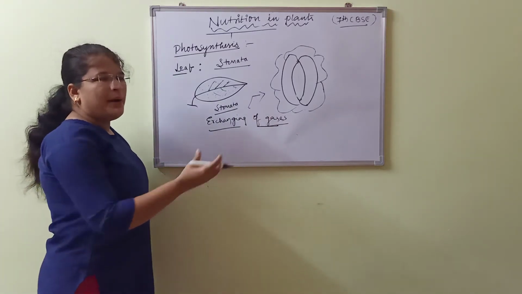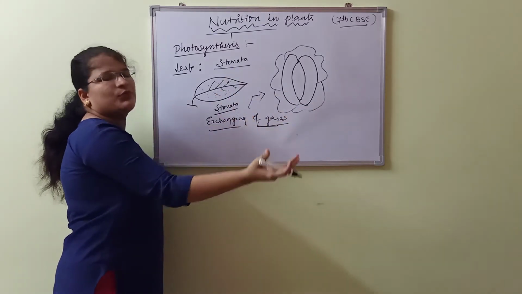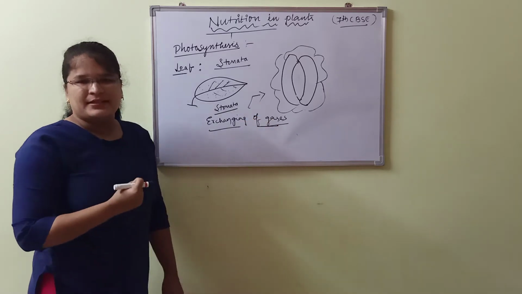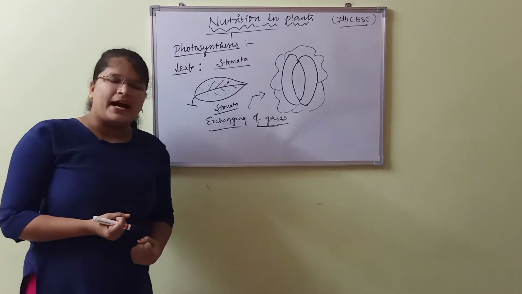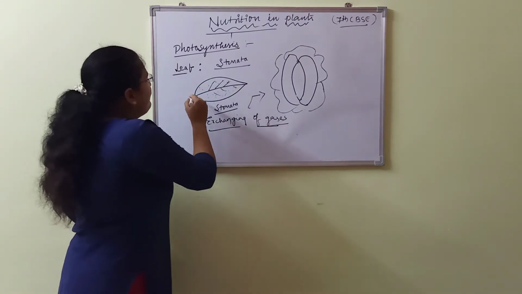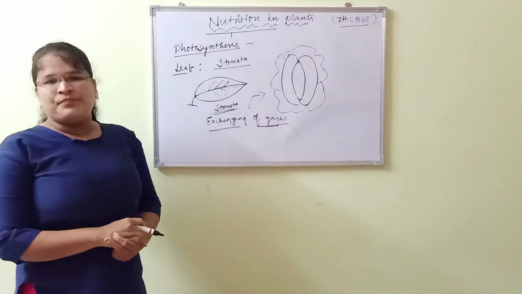When it opens, it will release gas, and when it closes, it will take the gas, meaning releasing the oxygen and taking the carbon dioxide. See, such exchanging of the gases is happening in the leaf lamina in the organelle known as stomata.